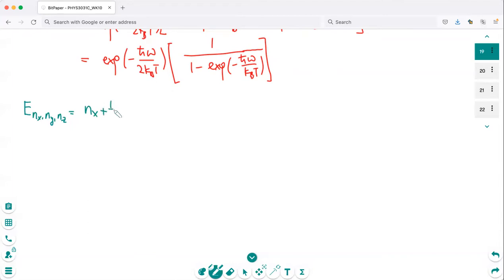They can do it independently. So I will have oscillators along all different directions. So the energy has to be the sum of these, Nz.